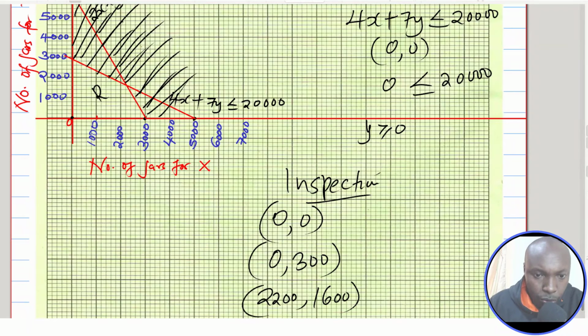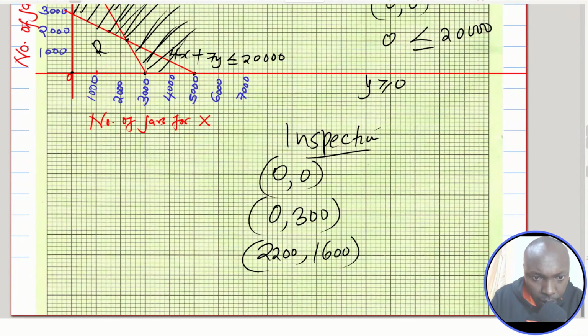This is where the line 4x plus 7y less than or equal to 20,000 and the other line meet. That point is 2,200 and 1,600. Then the other point is 3,000, 0.